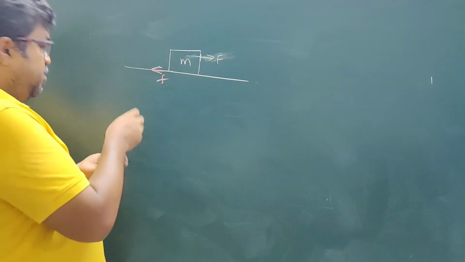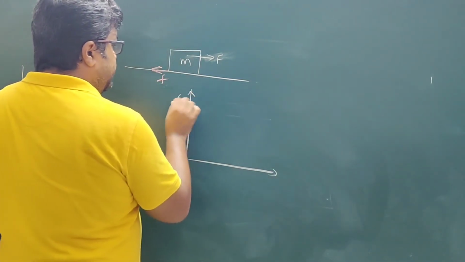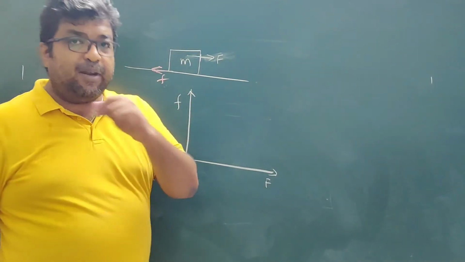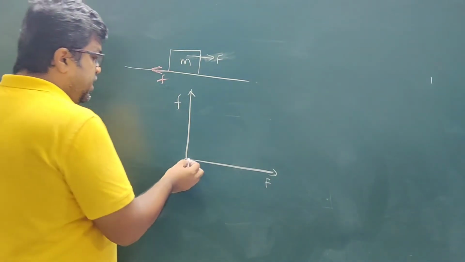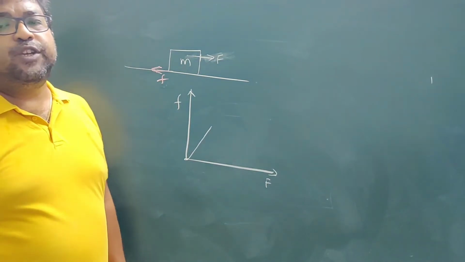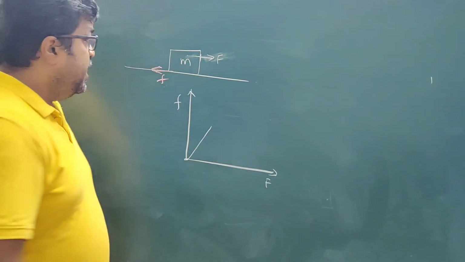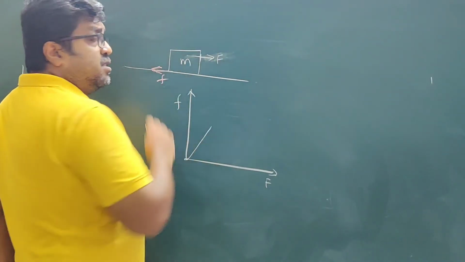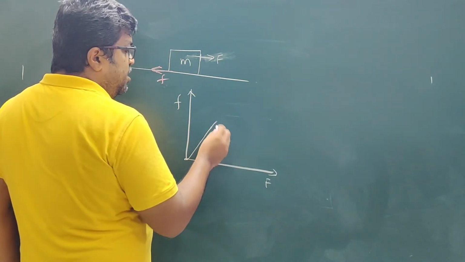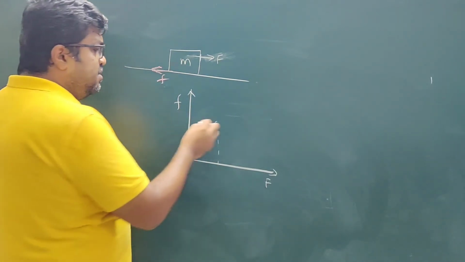Now suppose I draw a graph between frictional force and applied force. Initially there is no applied force, so friction force is also 0. As the applied force is increased, the frictional force also increases linearly, and the block is at rest. I gradually increase the applied force, and at some particular value the friction force becomes maximum.